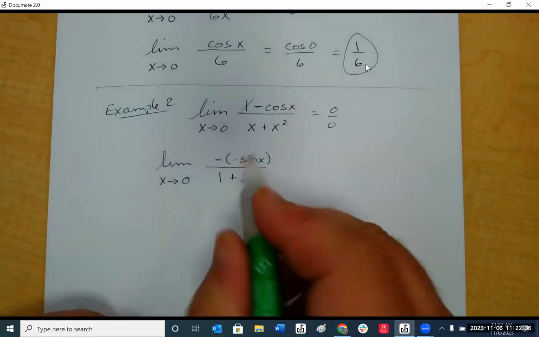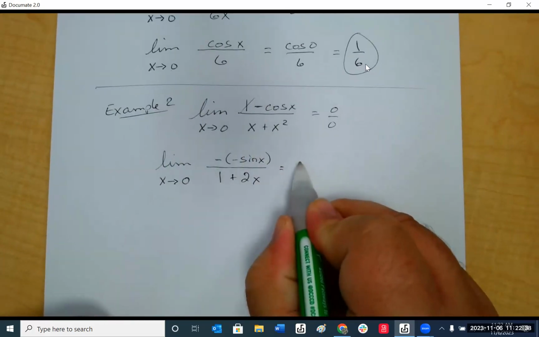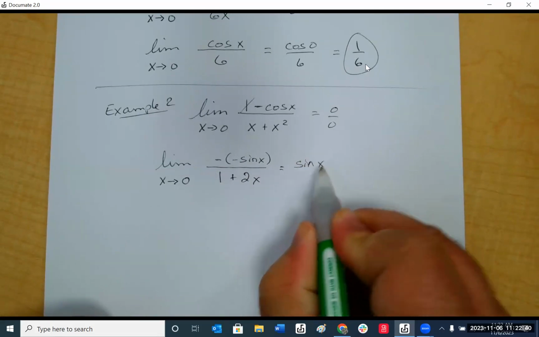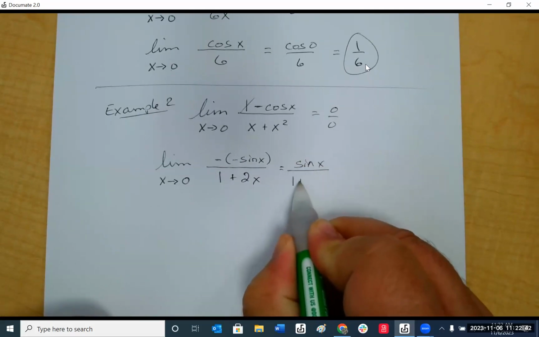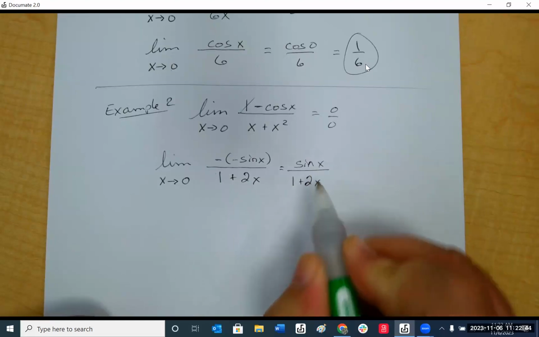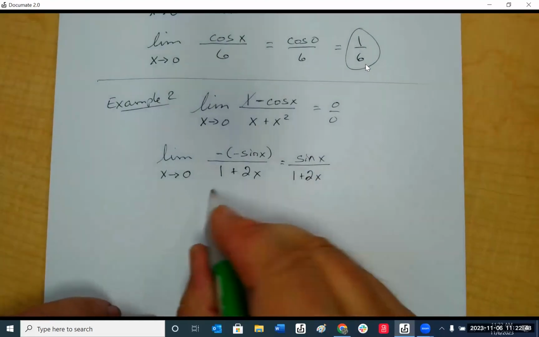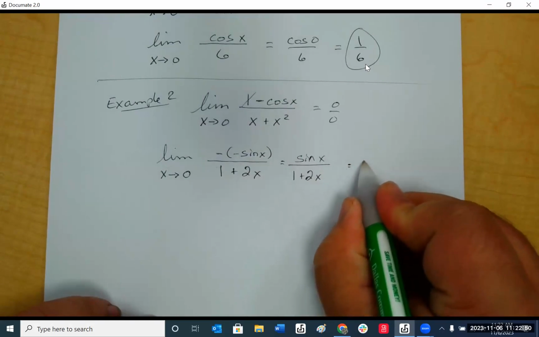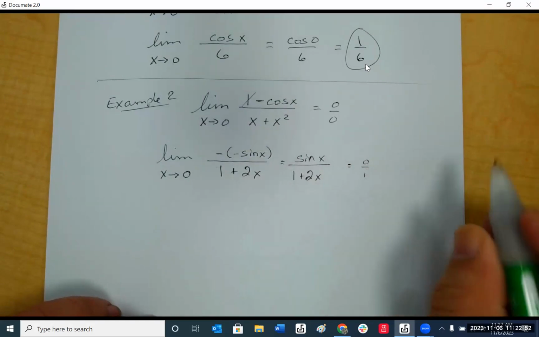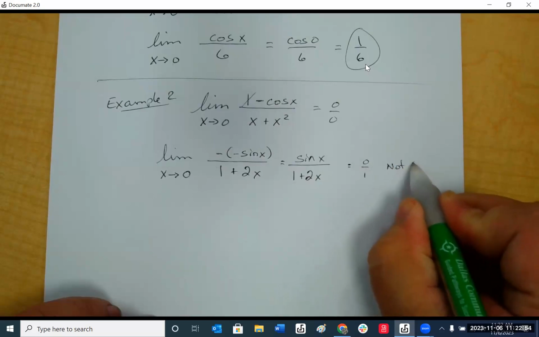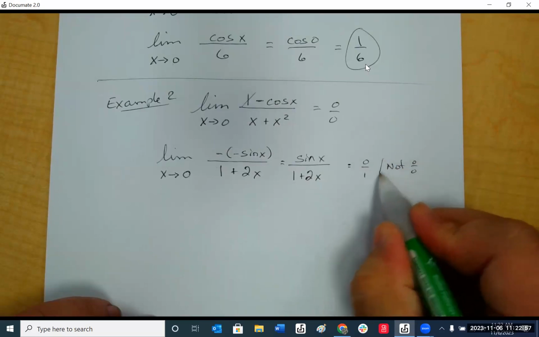Now, this is going to give us positive sine x over 1 plus 2x. If we plug in 0, we get 0/1. It's not 0/0.